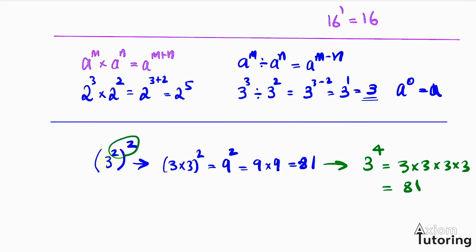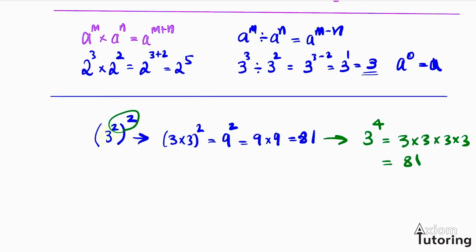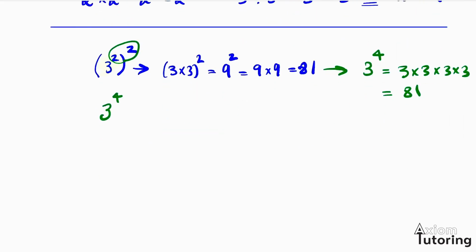So what did we do with these two powers? Now, in this example, it may look like we've added them together. We've actually multiplied them. So we have 3 to the power of 4. Let's make it clear with another example.